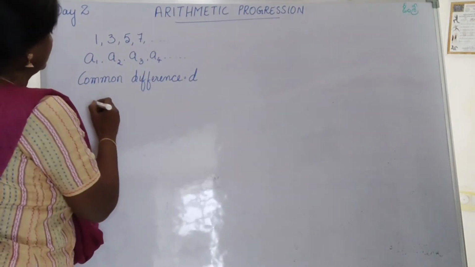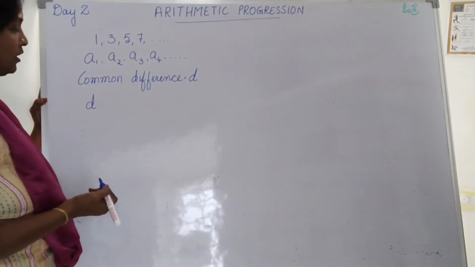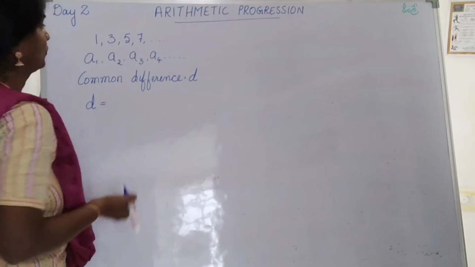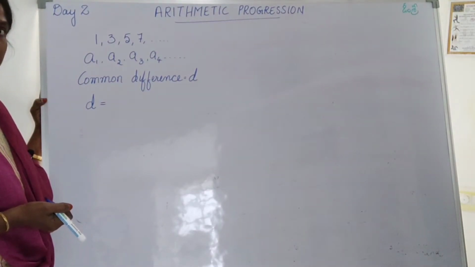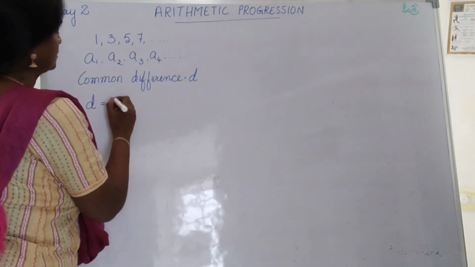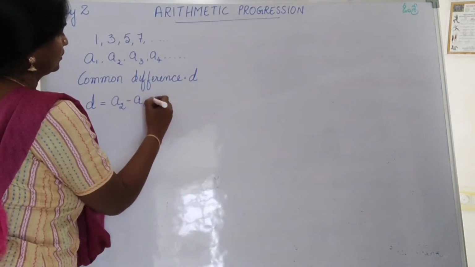And when you need to find the common difference in an arithmetic progression, we subtract the first term of the series from the second term, that is A2 minus A1.